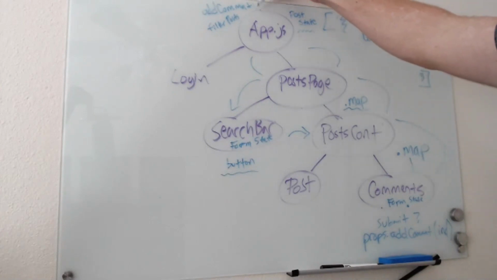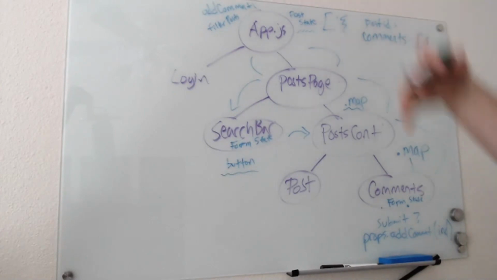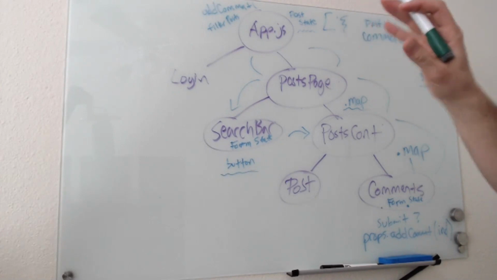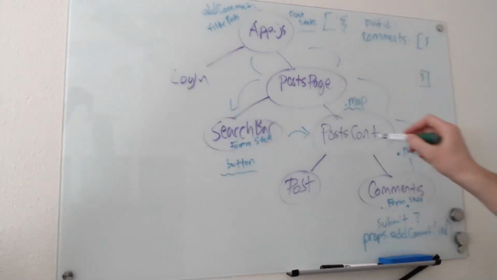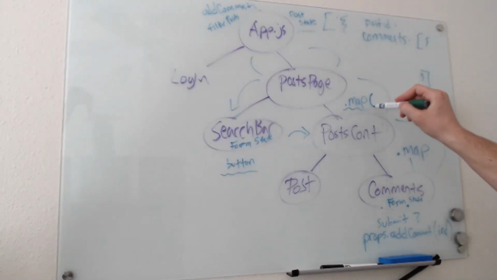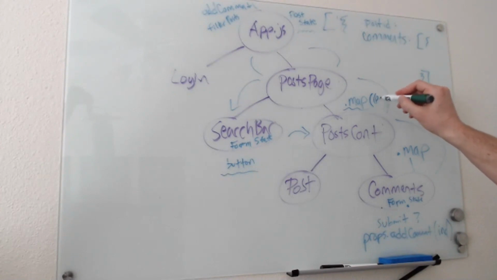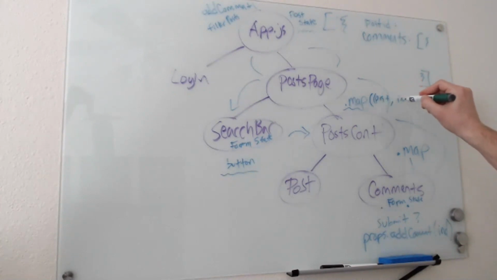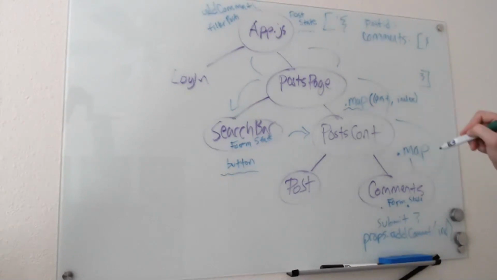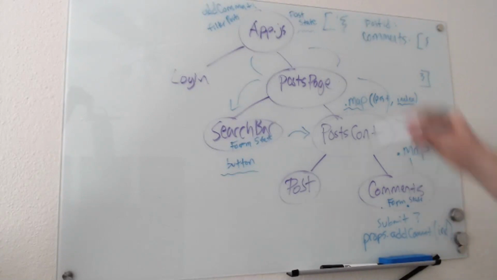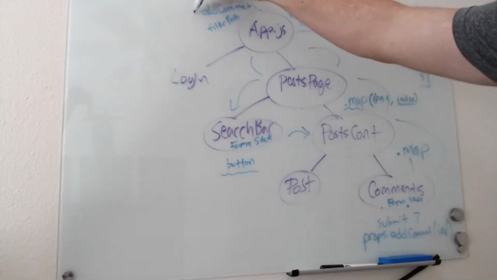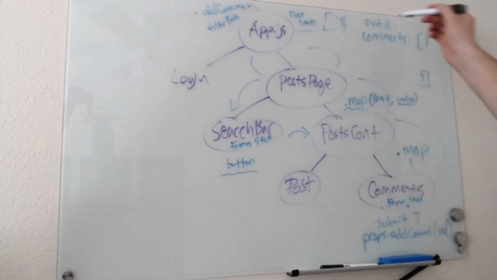And then up here, so in my mind, since I have experience, before I even start coding, I already know that when I run this map, I need to look at post and I need to look at index. Because I know that when I add a new comment, I need that index for that specific post up here in add comment. Otherwise, I will have no idea which post to add this comment to.